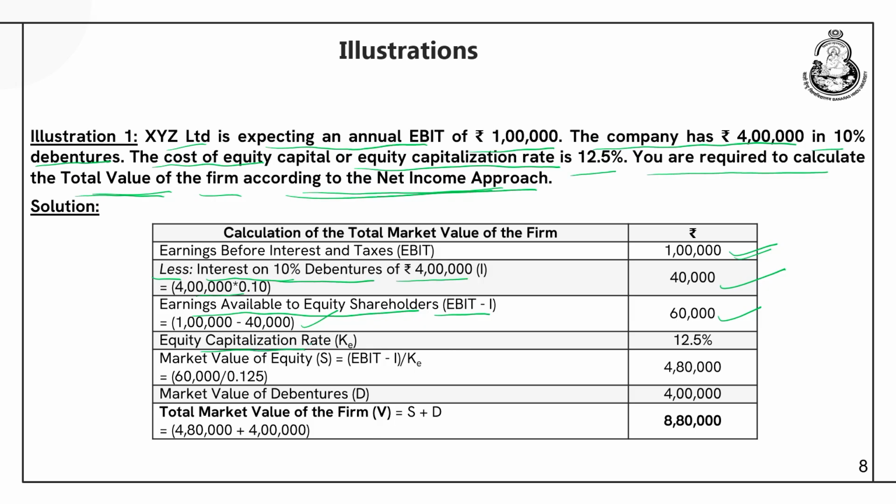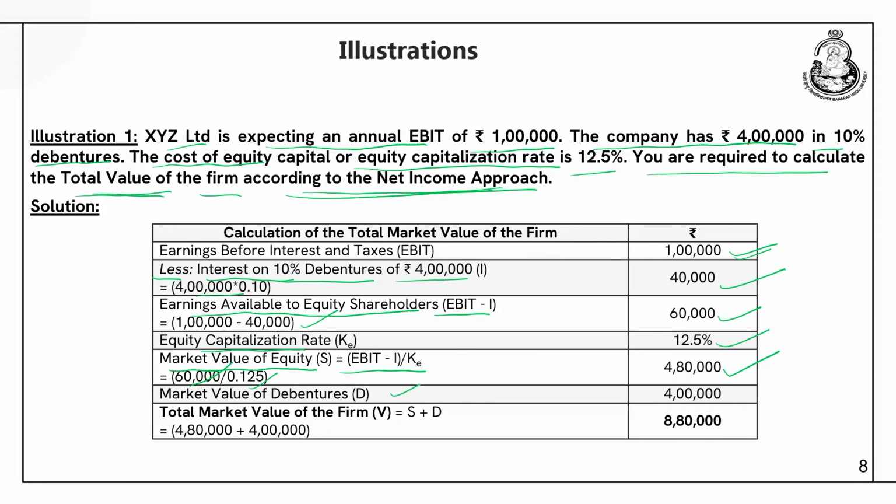The equity capitalization rate is given in the question and it is 12.5%. Using these values, you can easily calculate the market value of equity S. The formula is (EBIT minus I) divided by KE. EBIT minus I is 60,000 and the cost of equity is 12.5%, so you get the market value of equity S as 4,80,000.